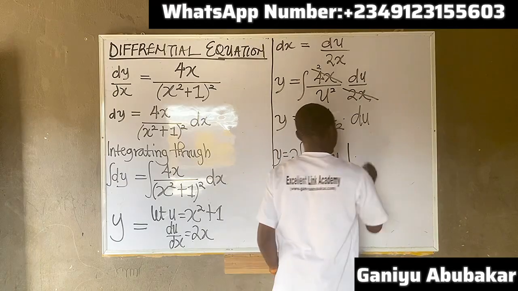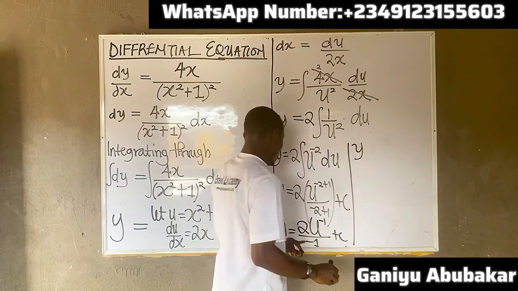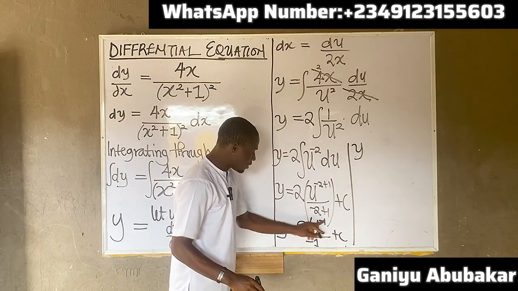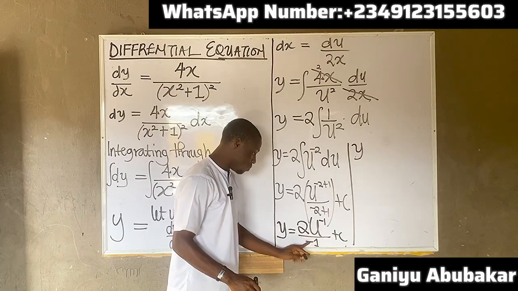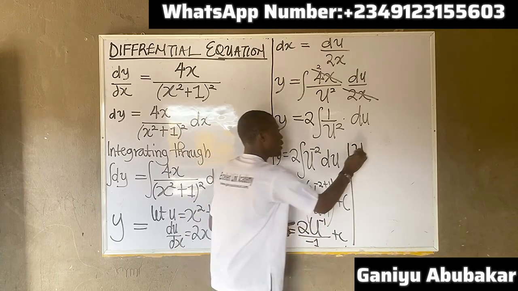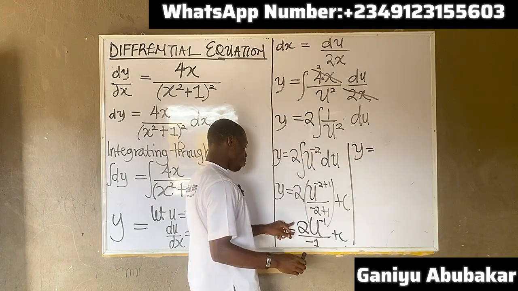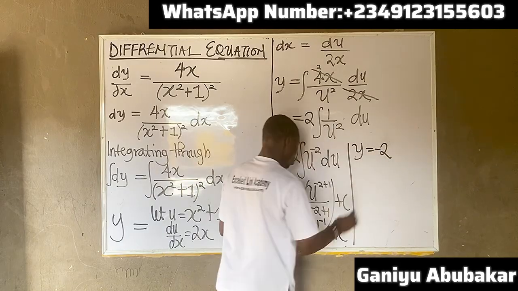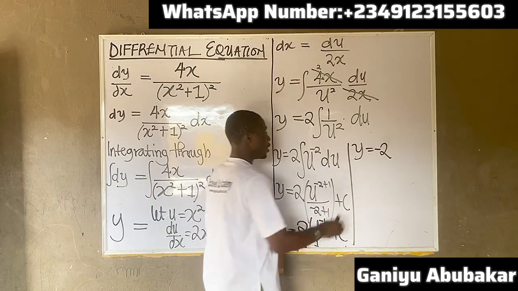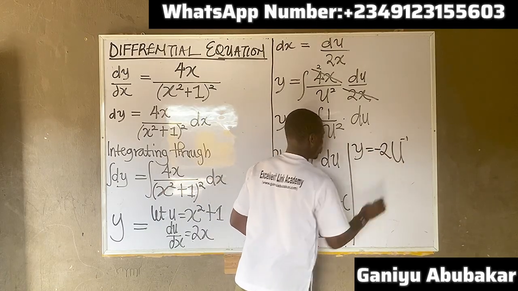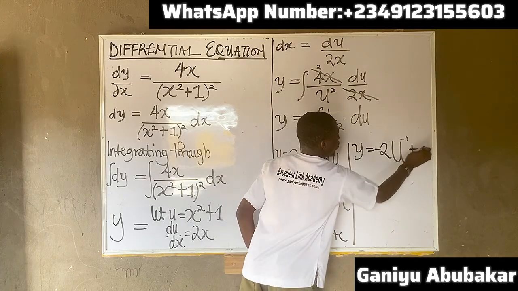From here, this gives you y. So anything over 1 is that thing, but this negative should come up. So that gives you minus 2, right? Then u to the power of what? Minus 1, then plus c.